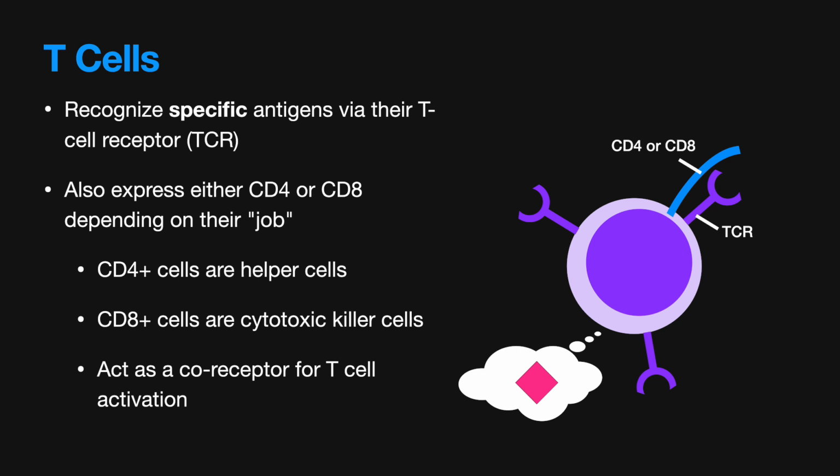The cell will also express CD4 or CD8 proteins depending on its job. CD4 positive cells are helper T cells, while CD8 positive cells are the cytotoxic killer cells. These proteins act as a co-receptor for T cell activation to help ensure that the immune system is only activated if necessary.